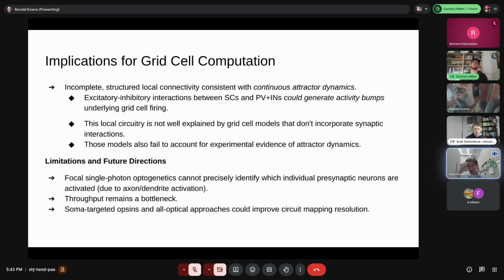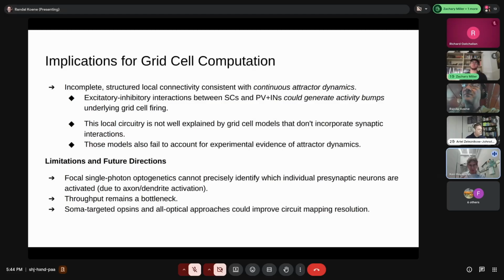And just one more thing. All of these studies that you covered in this paper were on slices, like 300 or 400 micron slices, and that means that they didn't have recordings of what those cells were doing in terms of grid behavior.